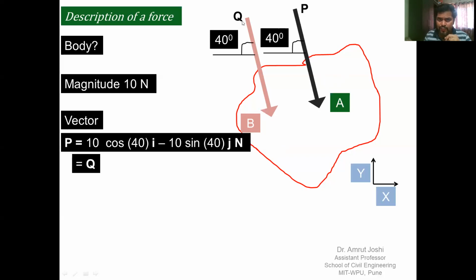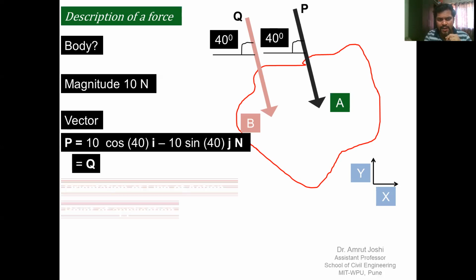But whereas due to force Q, point B will experience only the tendency of translation. So therefore, as a physicist, I cannot agree with the mathematician. To me, as a physicist, this force P and this force Q, though mathematically equivalent in representation, they have different effects. So what is the difference between these two forces as far as a physicist is concerned?